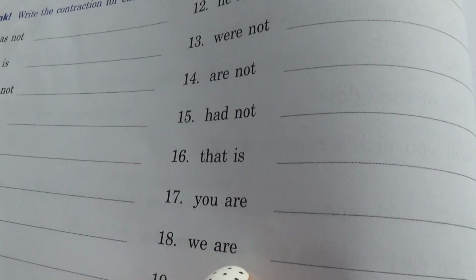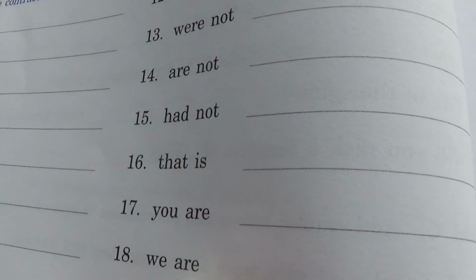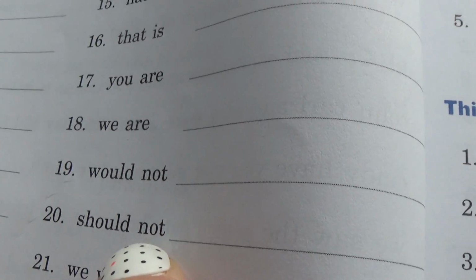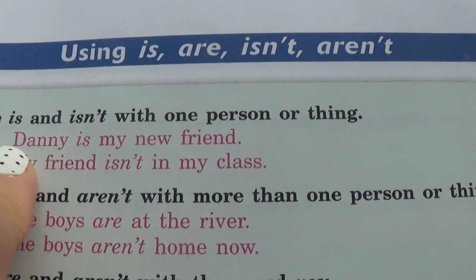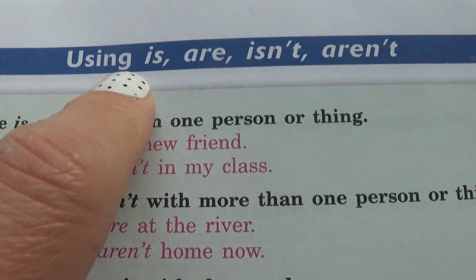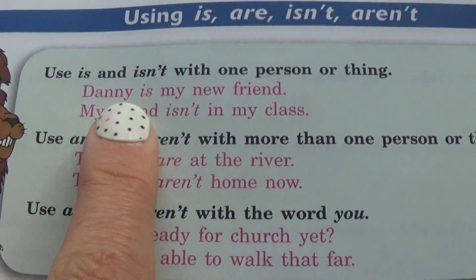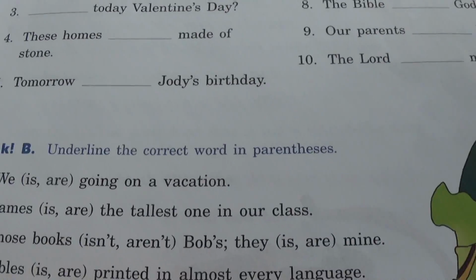We are to we're, W-E, apostrophe R-E. Yeah, we would do that. Should to shouldn't. So we had the apostrophe T. Okay, and then how we did proper usage of words like is, are, isn't, and aren't. So she did some exercises on that.